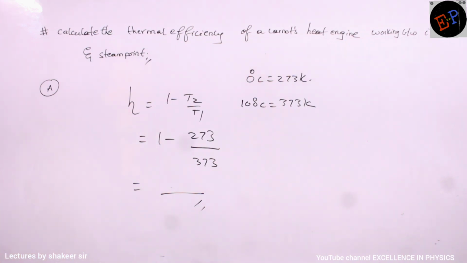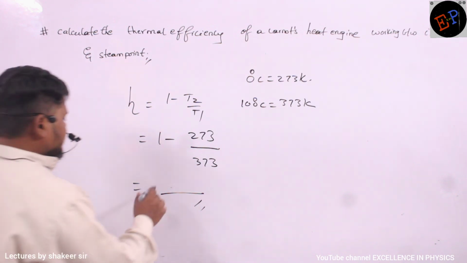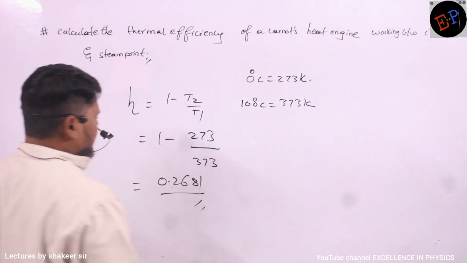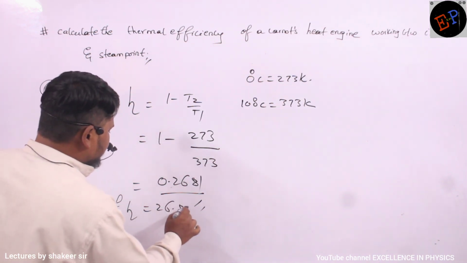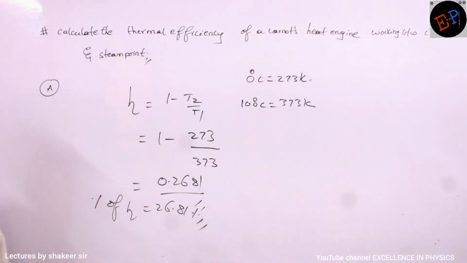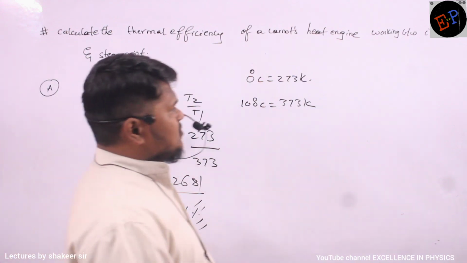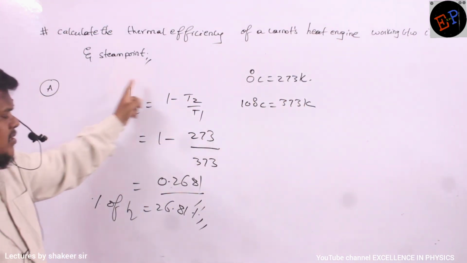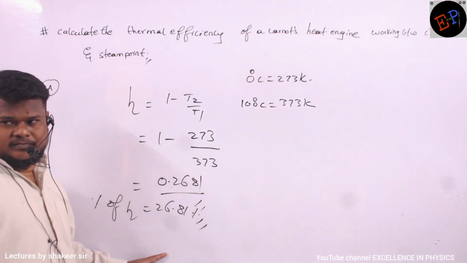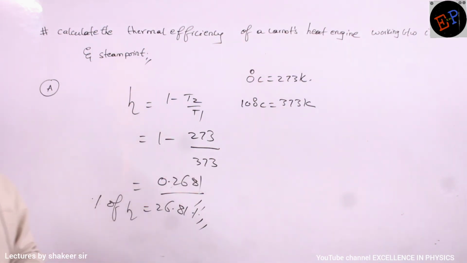How much will it be? 0.2681. And percentage of efficiency? 26.81%. That is the efficiency of a heat engine. So when temperature of sink is 0 and temperature of reservoir is 100, then heat engine will have this much amount of efficiency. Very less. 26 is very less, no?